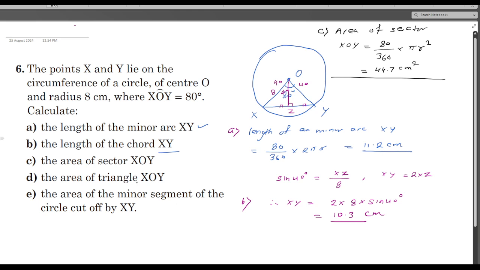Now D part, area of the triangle XOY. So area of the triangle, I will use trigonometry. So let us consider D part.